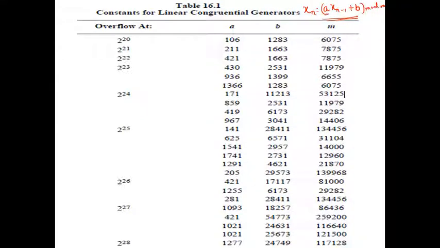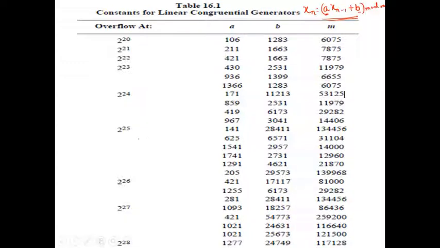The coefficients: A is the multiplier, B is the increment, M is the modulus. So all these values have been analyzed and decided, and the author has given us quite a very good table of ready to use LCGs.